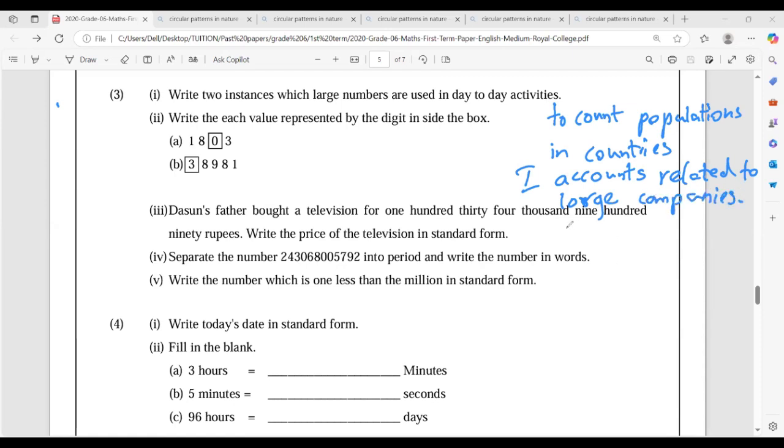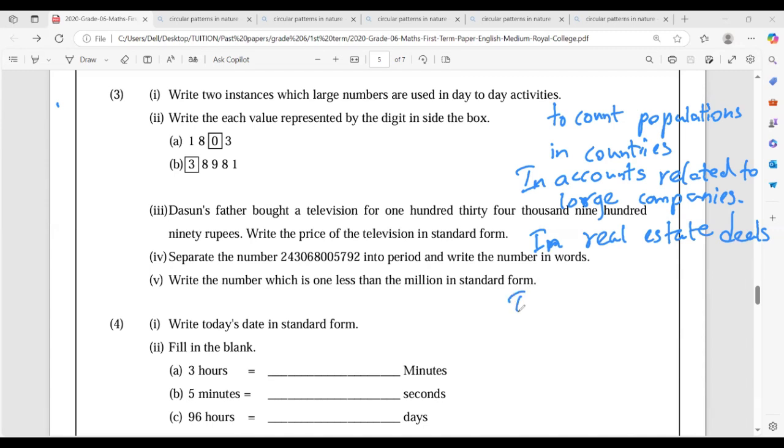and also you can say in real estate deals. I mean the sales or purchasing of real estate or a house, something like that.